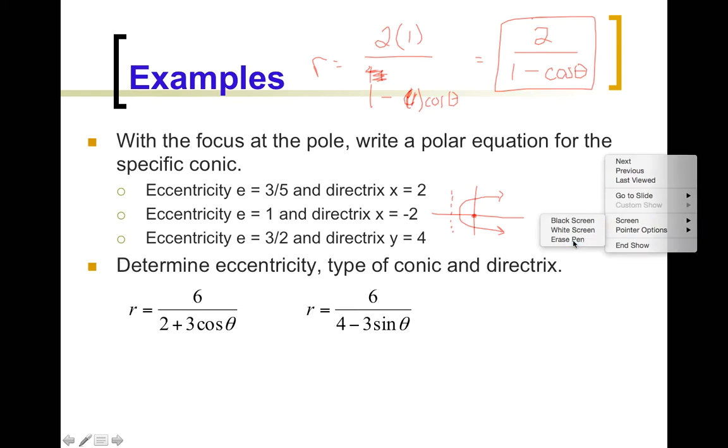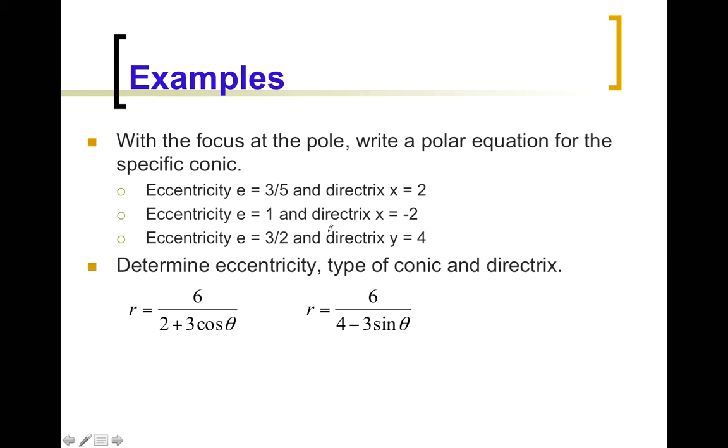All right, last one here. This is a hyperbola. And the hyperbola has a directrix of y equals 4, which is up here, which means it opens down like this and up like this. And because the focus is here, this is one that opens down.